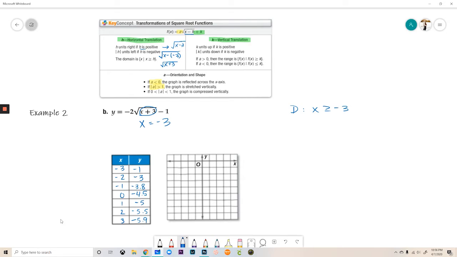I'm going to come over here and graph them. So -3, -1, -2, -3, -1, -3.8. So kind of down here, closer to 4. 0, -4.5. 1, -5.